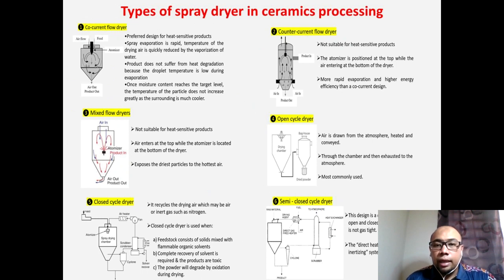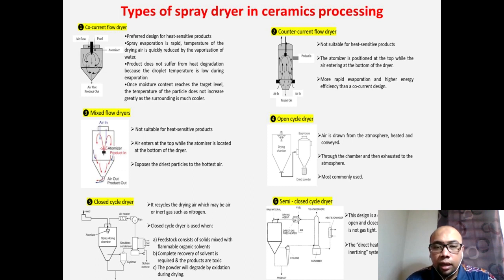For the next slide, it consists of different types of spray dryer in ceramics processing. We have co-current, counter current, mixed flow, open cycle, closed cycle, and semi-closed cycle. The difference between all these spray dryers is the location of the atomizer inside the spray dryer.